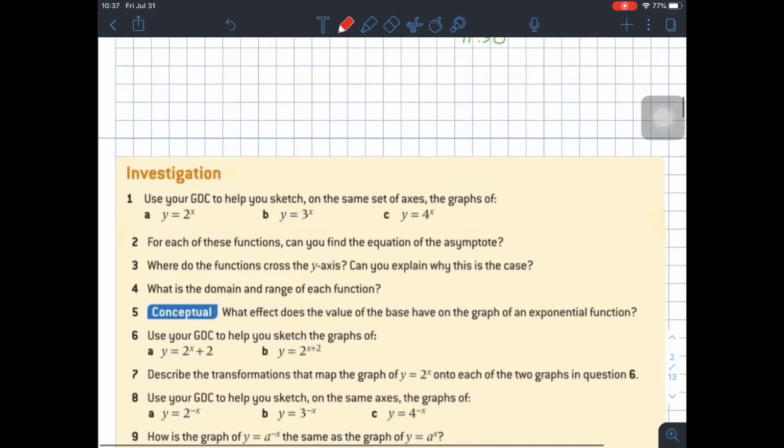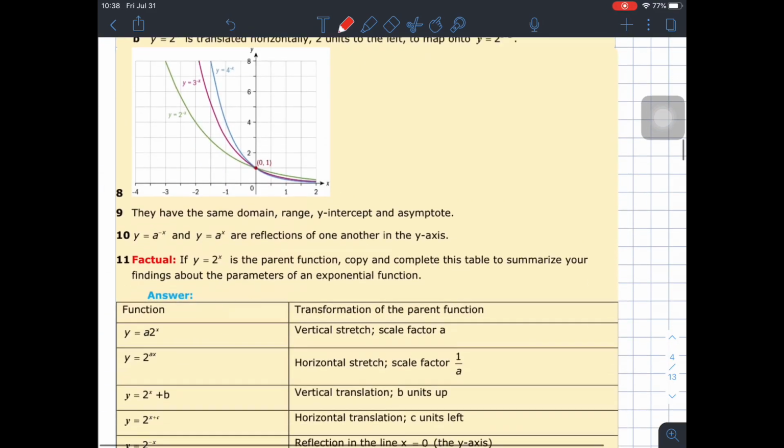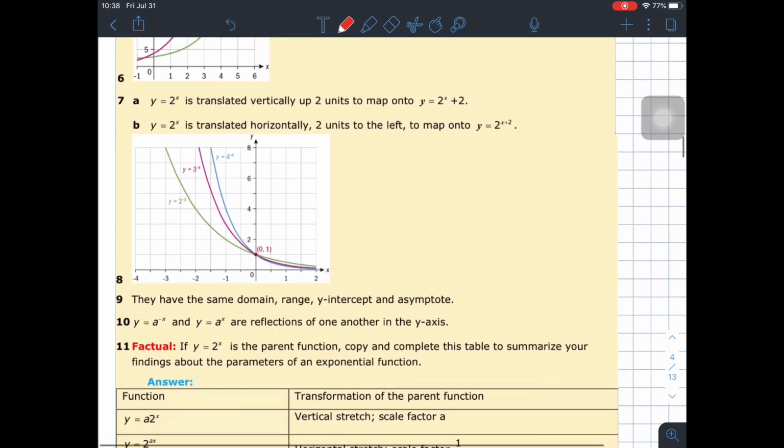Okay, so if we compare what we did here with what we're doing now, what do they have in common? One thing they have in common is the same y-intercept at y equals 1, (0, 1). Another is the same horizontal asymptote, which is y equals 0.